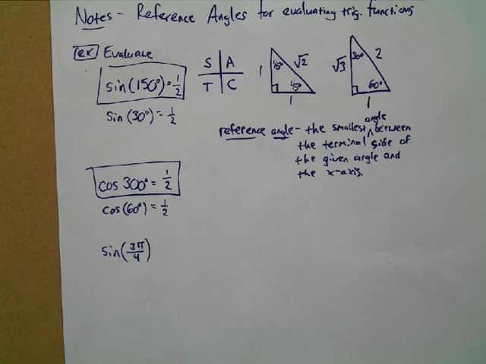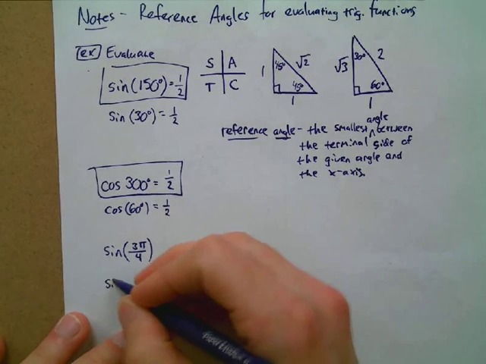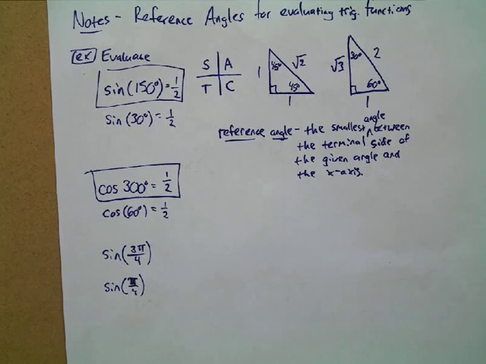It's kind of given to you right there. For 3 pi over 4, the reference angle is pi over 4, because we're only pi over 4 away from pi, so it's the same thing as evaluating pi over 4. If you have 5 pi over 6, the reference angle is pi over 6. If it's 5 pi over 3, the reference angle is pi over 3. So it's a bit easier with radians.